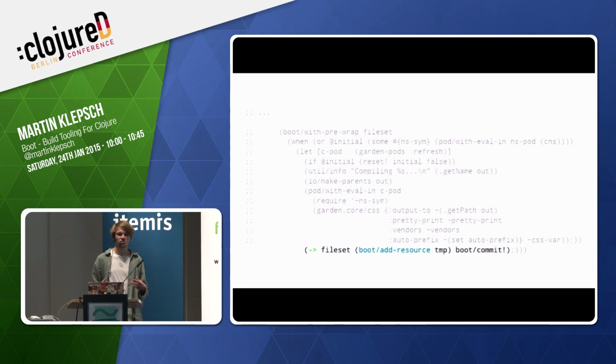And committing basically just means, if this file already exists, change the pointers. If it doesn't exist, merge it in. And since we use this boot prewrap function here, we don't need to actually call the next task ourselves, but this is handled by this boot prewrap helper.